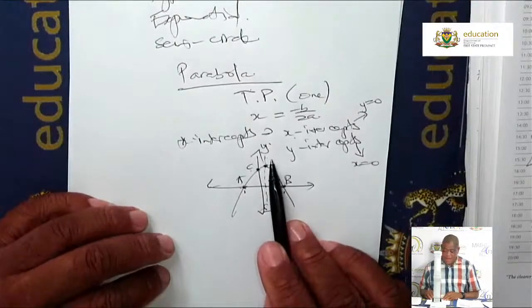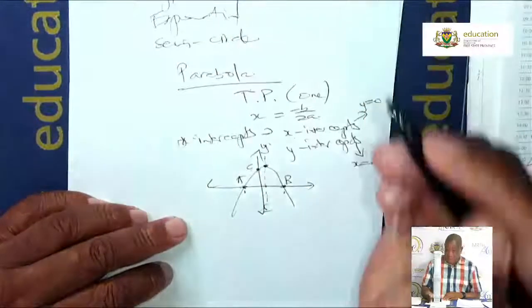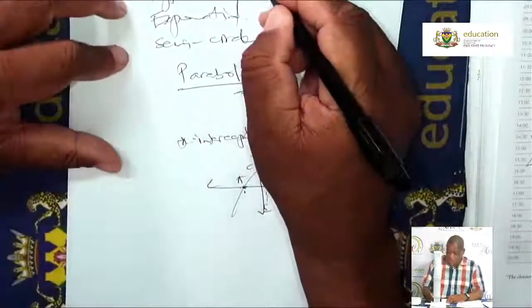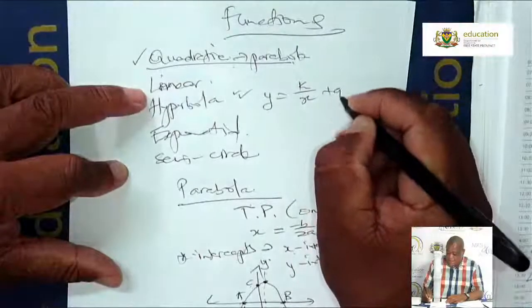That is with the parabola. And if you are to look at your hyperbola, it will always take the shape y is equal to, let's say, k over x plus q.